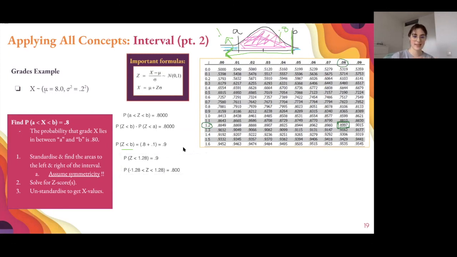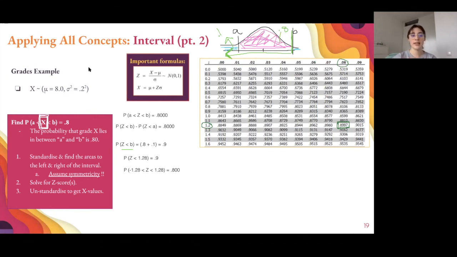And the last step that we need to do is this: in our previous example, the problem was asking us just to find the interval in terms of z. In this case, we need to find it in terms of x, because if you can see here, this is asking us to find the probability that x is in between these two unknown values. So we need to turn A and B into terms of x as well.